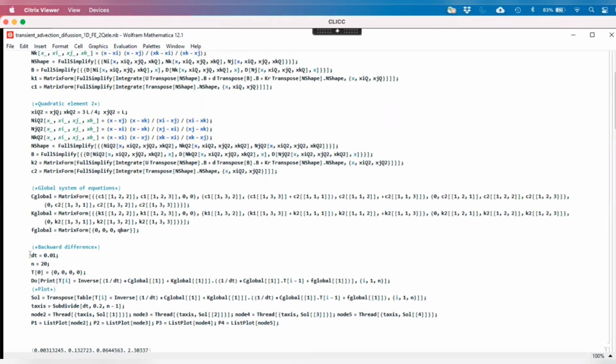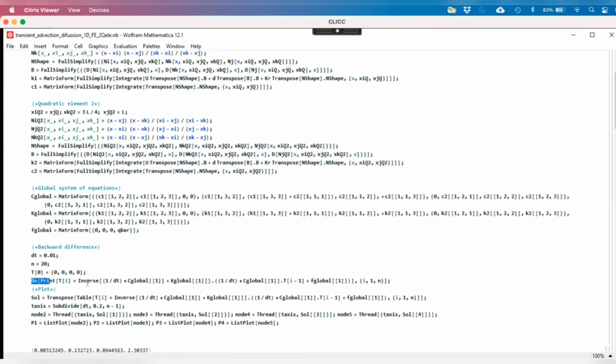So we define that delta t, which is my dt here, the time step, is 0.01. We're going to do this for 20 steps, so n equals 20. My initial condition is that theta, which is represented by t, for all x at t equals 0 is equal to 0. So this is why this vector is 4 by 1, all zeros.